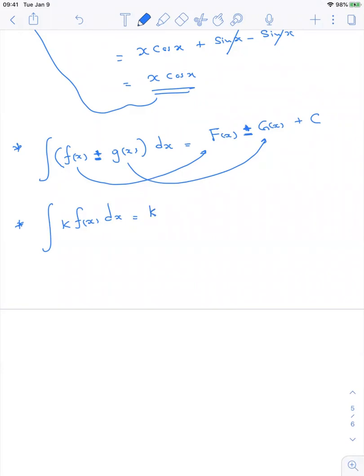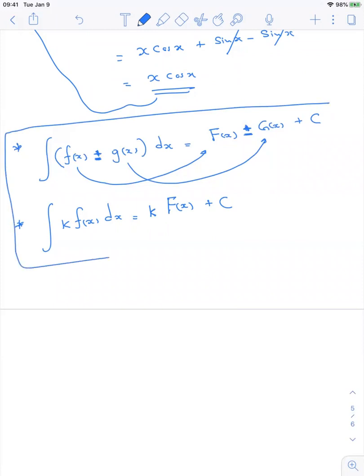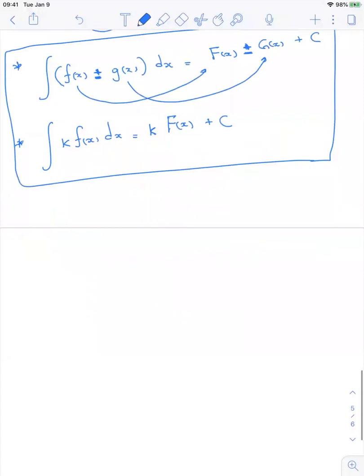You can basically keep the constant as it is and then just integrate the simple function f(x). Your answer will be capital F(x) for that, and then plus c. Right? So these are the very basic two theorems that we are learning about integration.